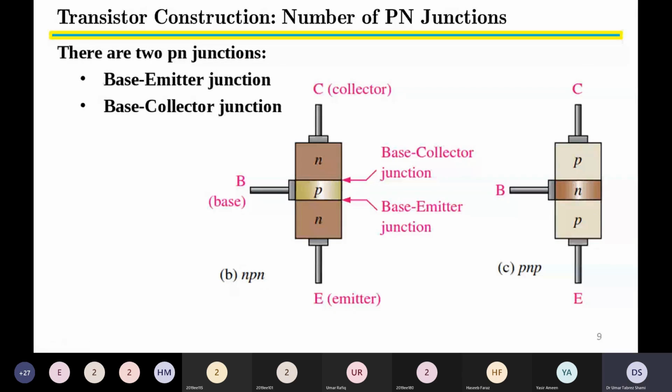So the transistor has two PN junctions. Now we come to the next slide.